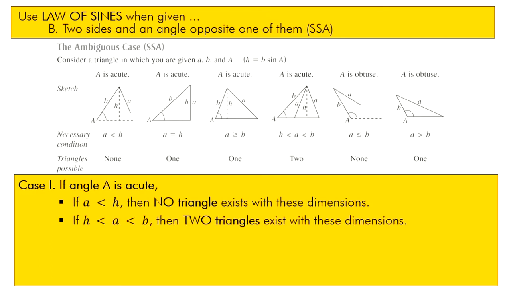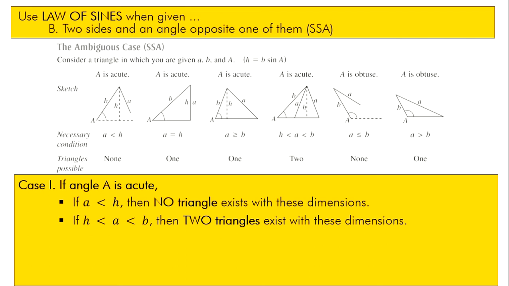If a is between h and b, then two triangles exist with these dimensions. Let's look at the fourth figure here. As you can see, if a is greater than h and less than b, then we can say that this forms two triangles.